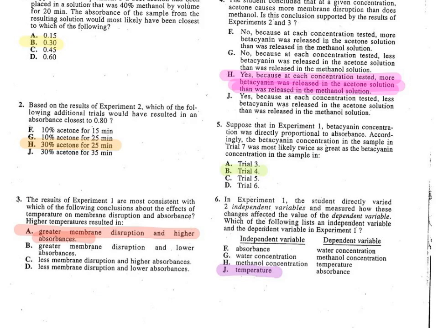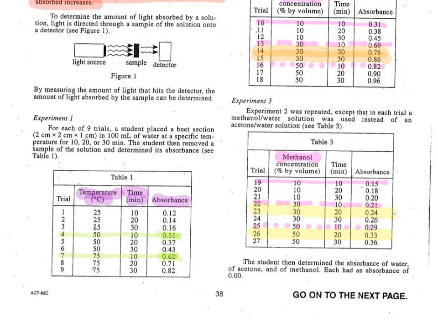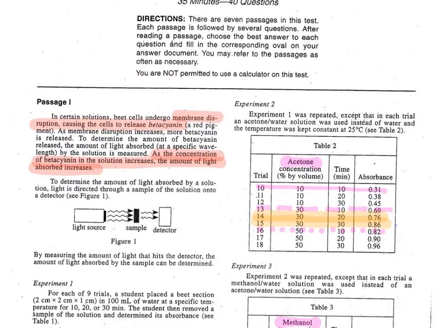Question number 3 is about experiment 1. They're asking how temperature affects membrane disruption and absorbance. When I go back to experiment 1, at the top I read that membrane disruption causes the cells to release beta-cyanine.